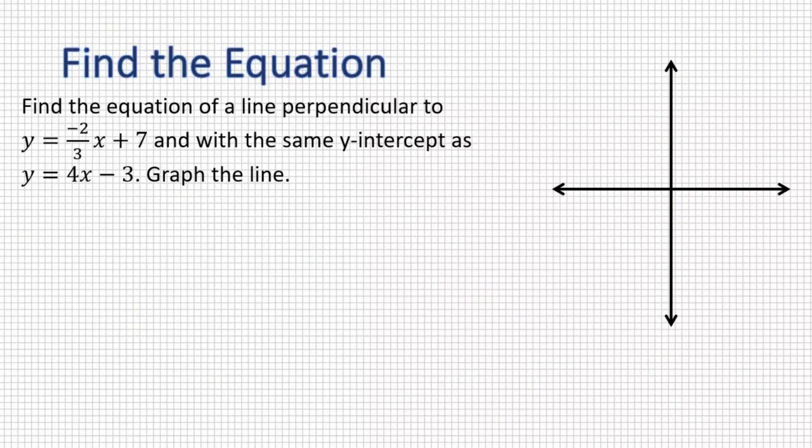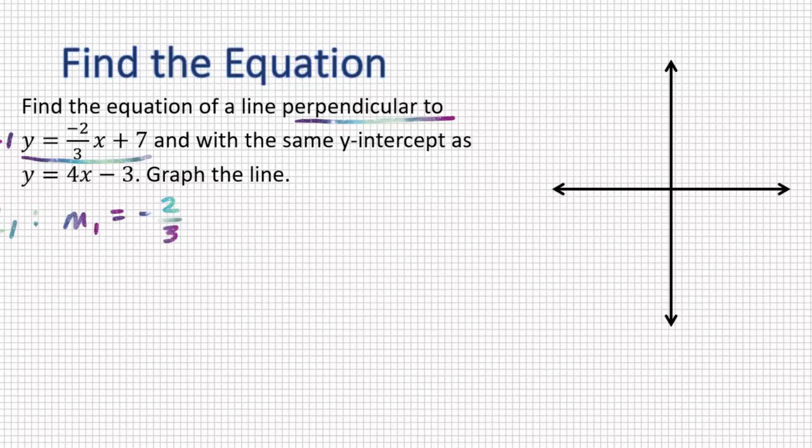Let's try one more, just because the information is provided a little bit differently. So we're asked to find again the equation of a line, but the line we're interested in is perpendicular to this one. So I'll call this line 1. I notice that for line 1, the slope, I'll call this m1, is equal to negative 2 over 3.